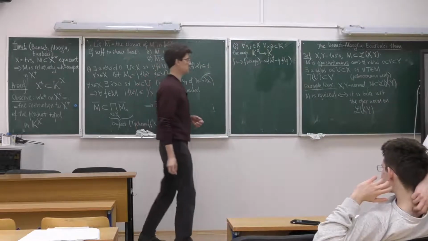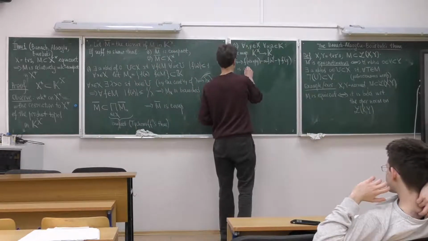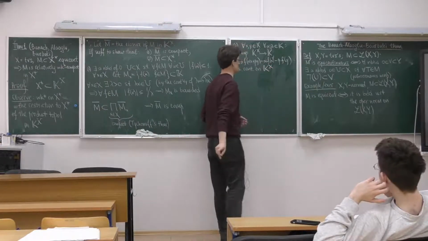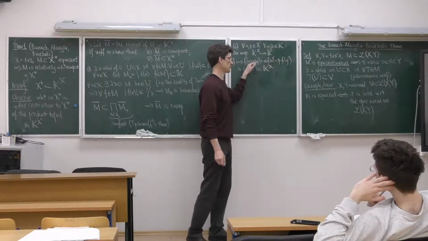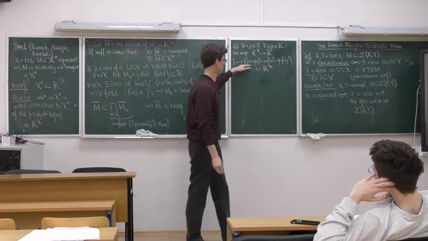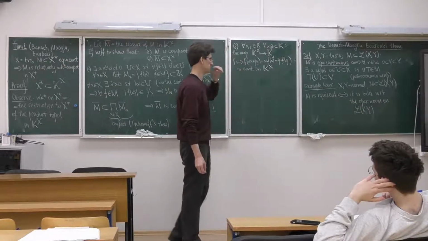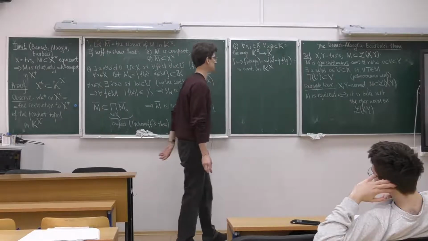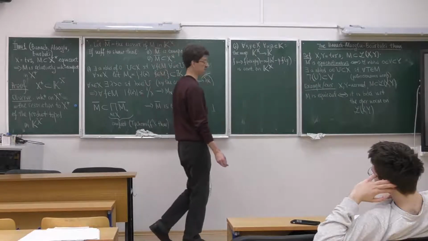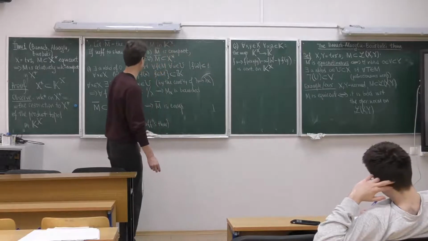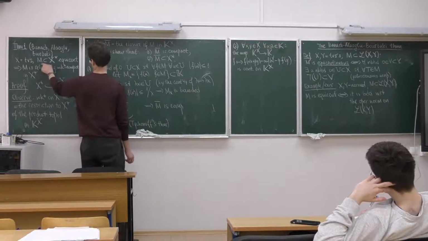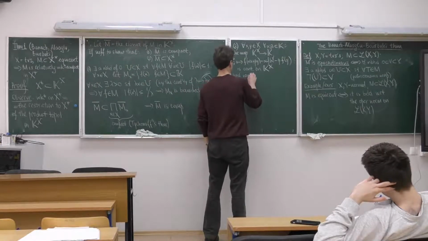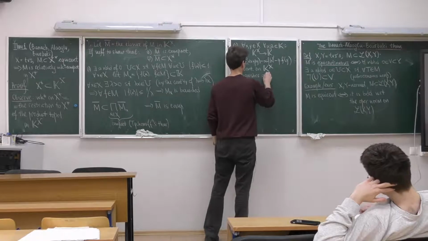And let's observe that this map is continuous on K to the power X. It is continuous because we have here 3 evaluation maps, and each evaluation map is continuous, and of course a linear combination of continuous functions is continuous. So this function is continuous, and of course it vanishes on M, because M consists of linear functionals.